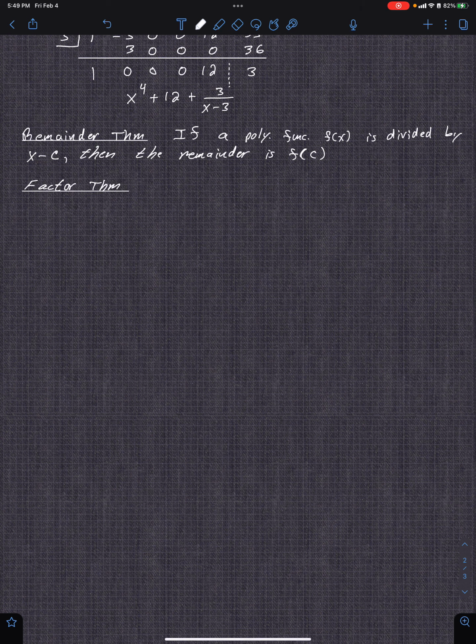So it says if f of c is equal to 0, that's the definition of a root, then we actually know that x minus c is a factor. It goes hand in hand. If you think about how a polynomial factors, if it's a 0, then it has to be a factor. That's what you get when you factor a polynomial.